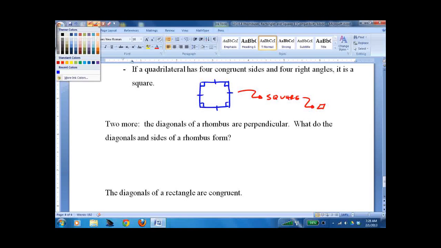So now two more. I'm going to make a slightly bigger rhombus over here.